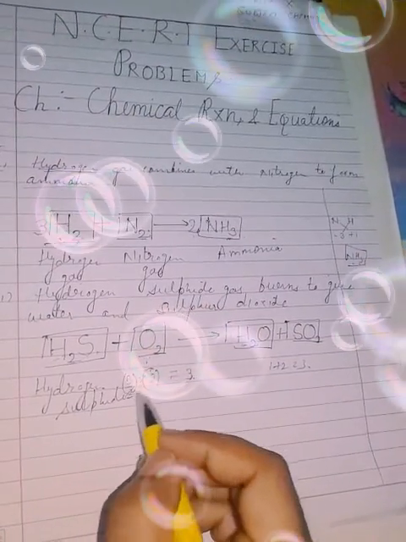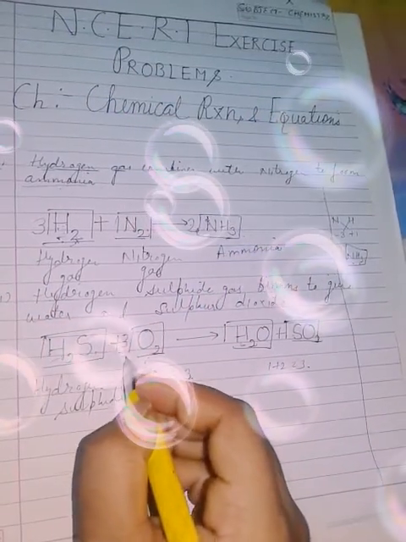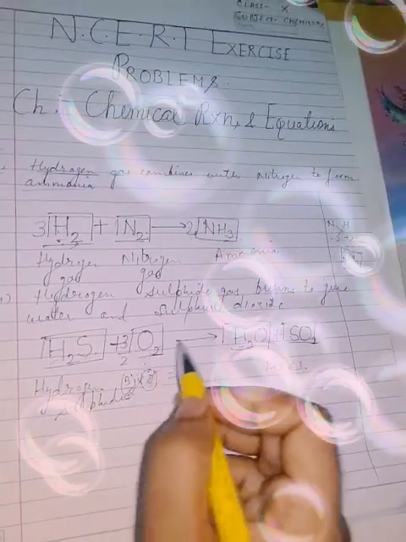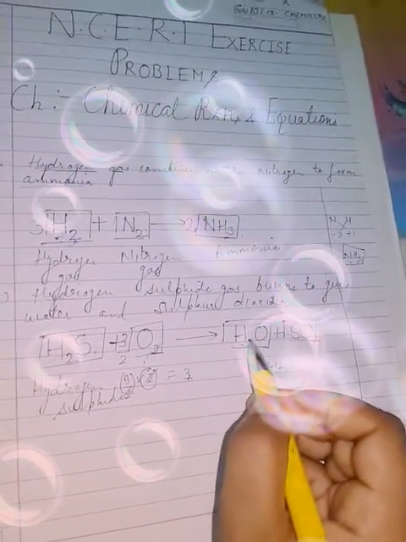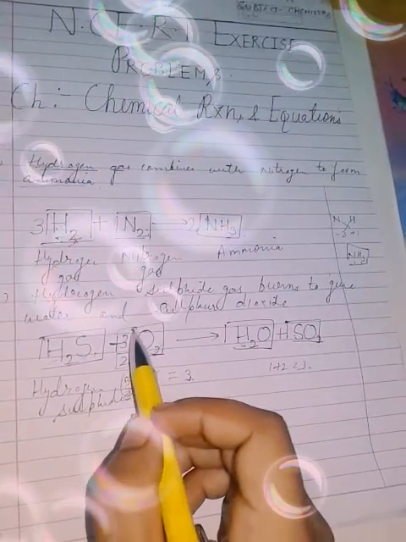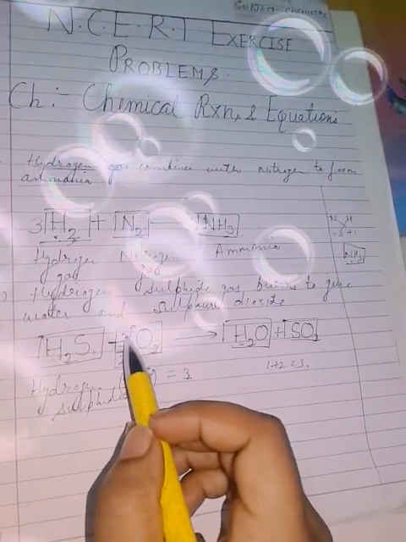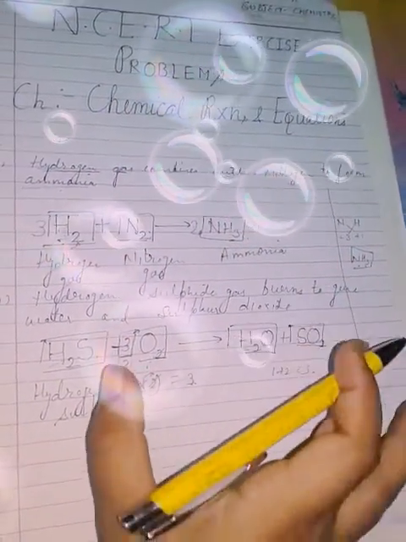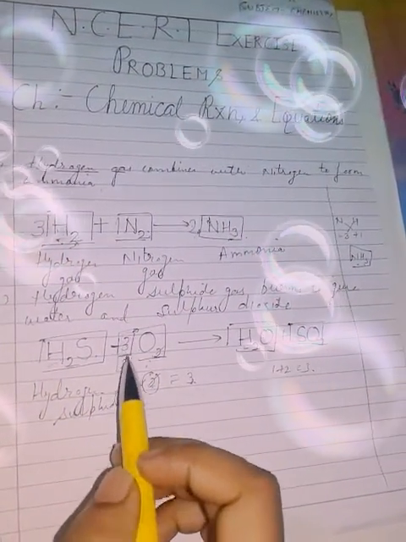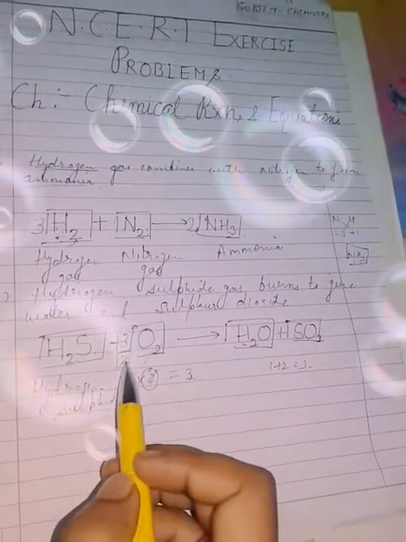So if I enter here a coefficient of 3 upon 2, then this 2 cancels out. I will get 3 atoms of oxygen, and here also 3 atoms of oxygen. But a fraction is not allowed while balancing an equation. So I have to make this fractional term into a whole number. In order to change it into a whole number, I have to remove the 2 from here.